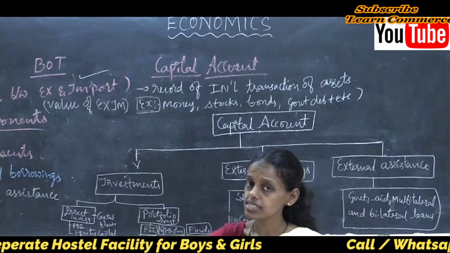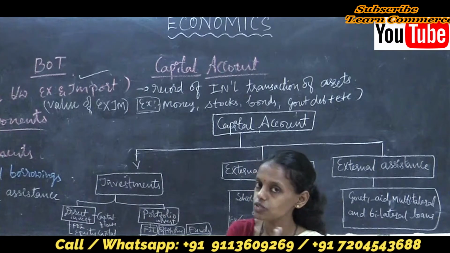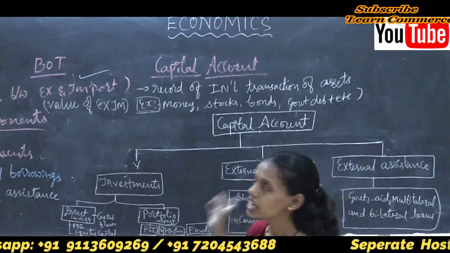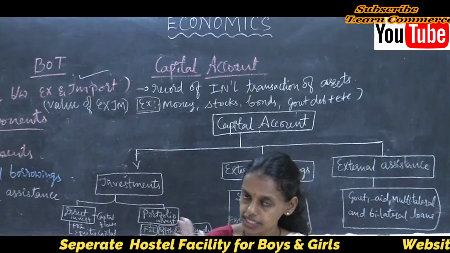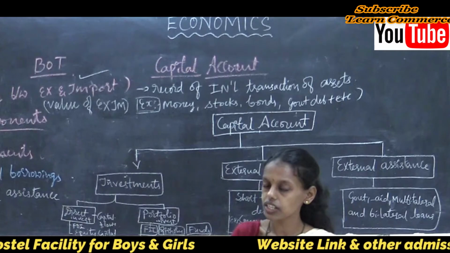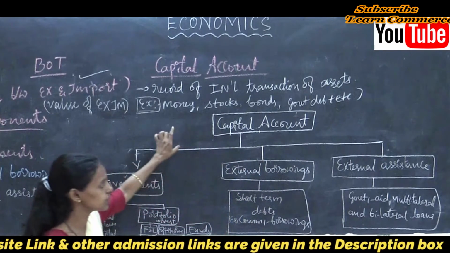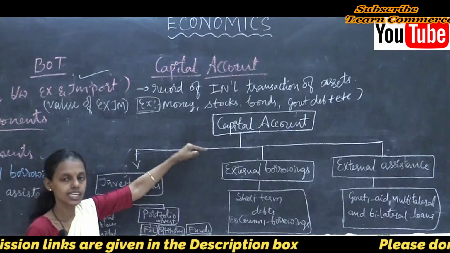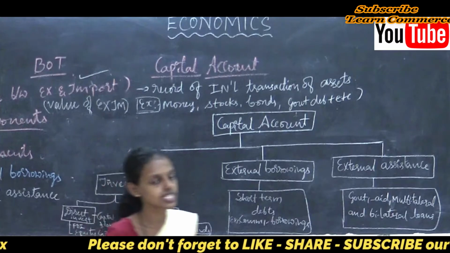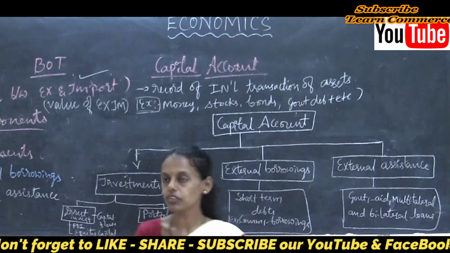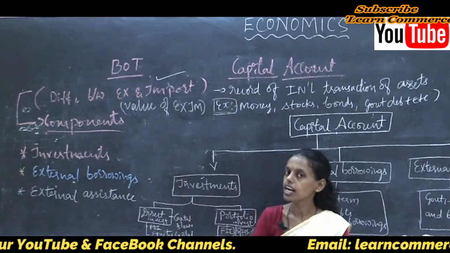Thus, there is a huge difference between the components of current account and the components of capital account. While comparing the current account and capital account charts, it is easy to remember which is which. In current account, we discussed trade in goods and services and transfer payments. Here we are going to discuss investment, external borrowing, external assistance.